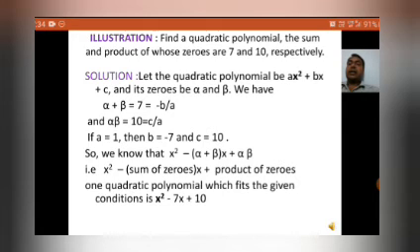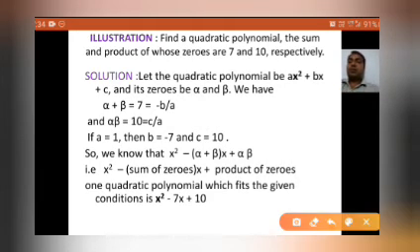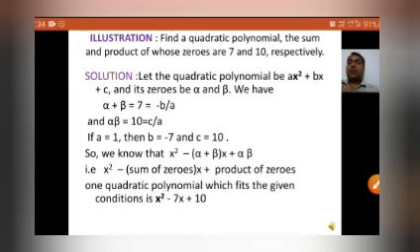We know from previous classes and discussion that x square minus (alpha plus beta) x plus alpha into beta is x square minus sum of zeros x plus product of zeros.